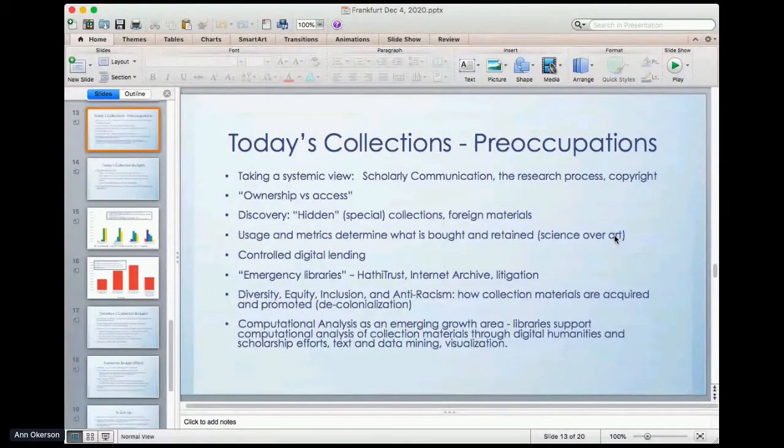And our work on data curation, particularly but not exclusively, has given libraries a new preoccupation with computational analysis, data science, distant reading, text and data mining, and other ways of using technology to read faster, further, and better than the human eye can go.